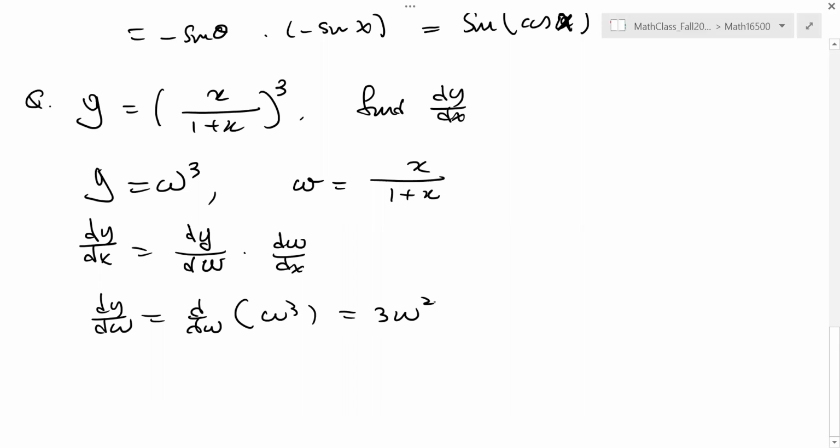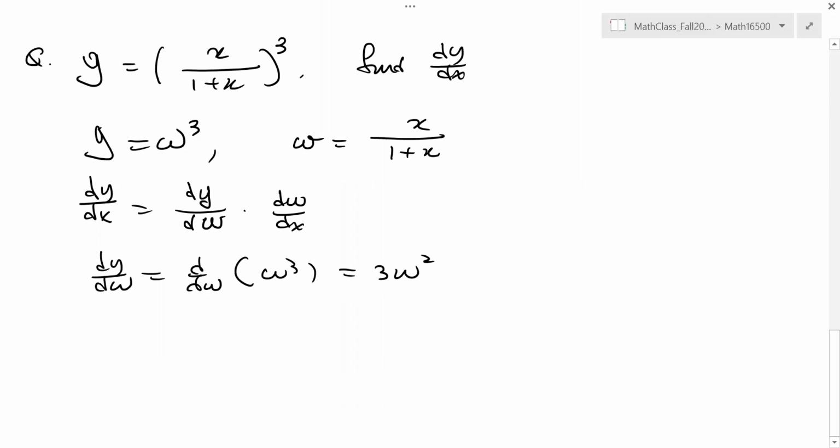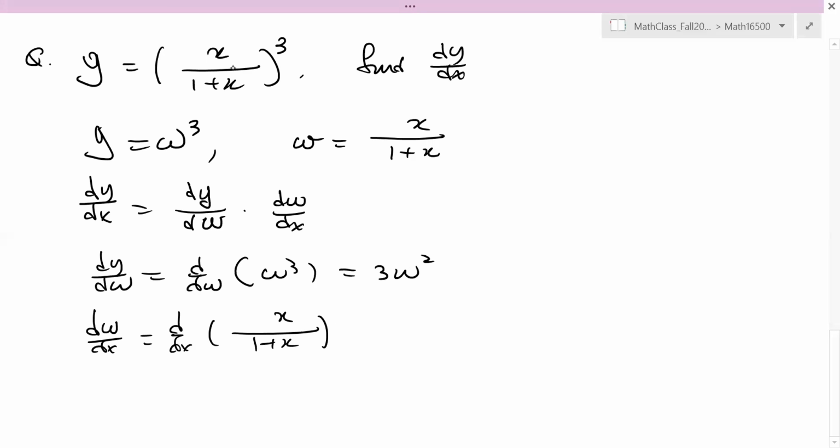And you can change it back to the function in terms of x. But dw over dx, the derivative of w with respect to x, you have to use a chain rule, no, quotient rule, yeah. So there's no easy way to do that.